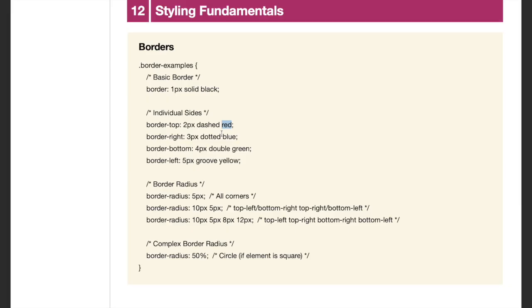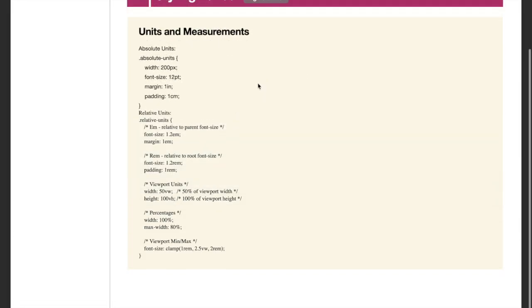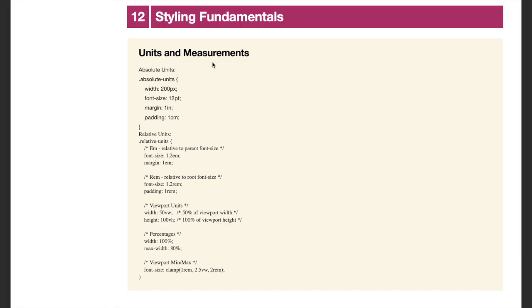Okay, now when we go to the styling fundamentals of units and measurements, I had already told you about absolute units and relative units, but I'll explain it here. Pay close attention, because this is the foundation of making your website look good on both laptops and mobile phones. Absolute units are fixed, rigid values like pixel, pt, inch or centimeter.